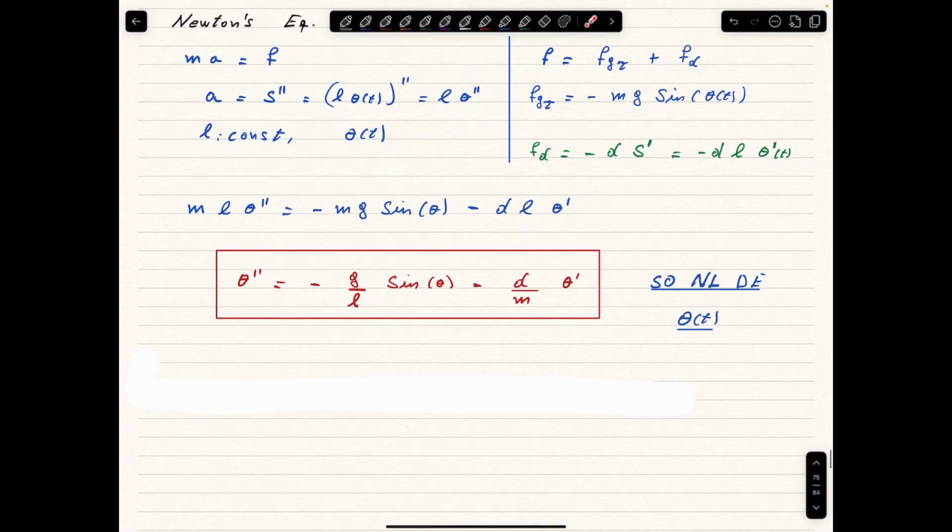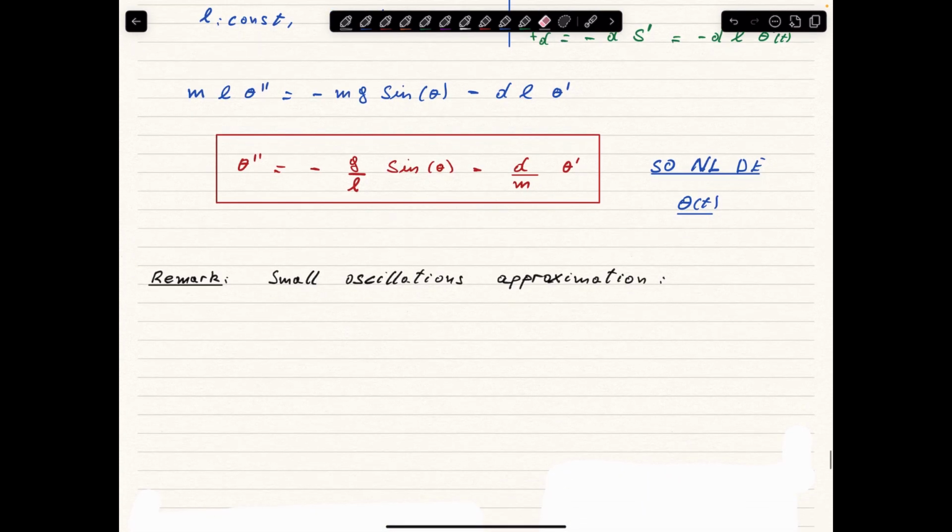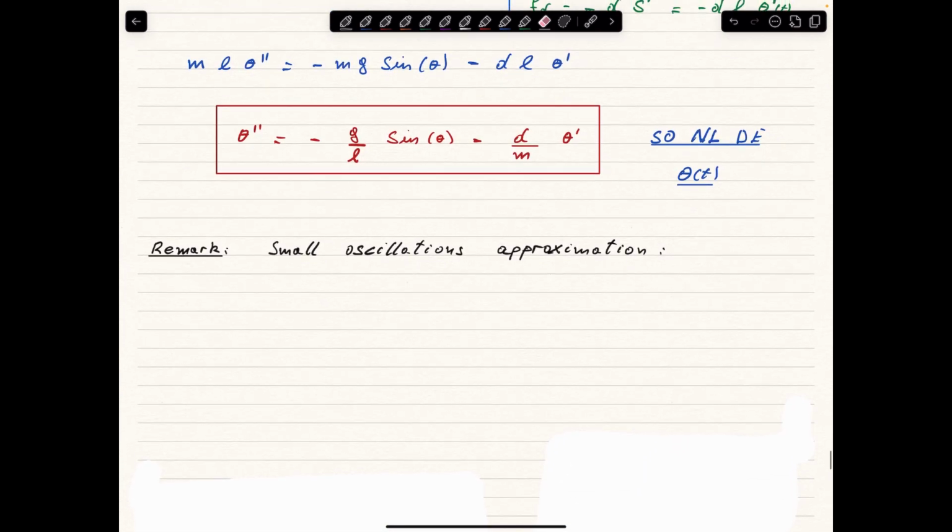So this is what we call the small oscillation approximation. What happens in that case to the equation? We are saying theta for all time is going to be much less than 1.